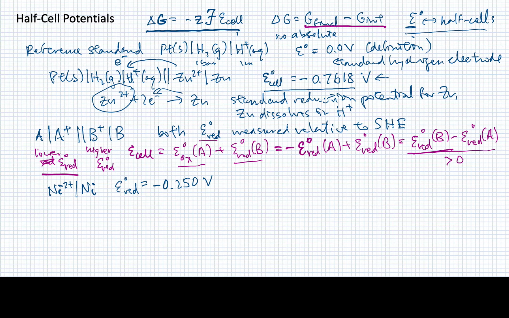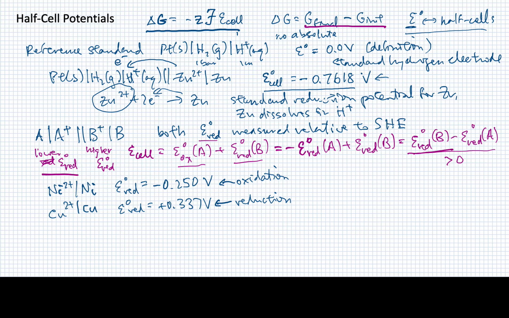I have another half cell made out of copper that has a standard reduction potential of plus 0.337 volts. Of these two, this one is larger, so this is where reduction would happen. Since this one is smaller, in fact it's even negative, this is where oxidation would occur.